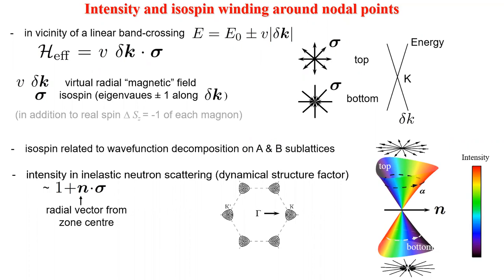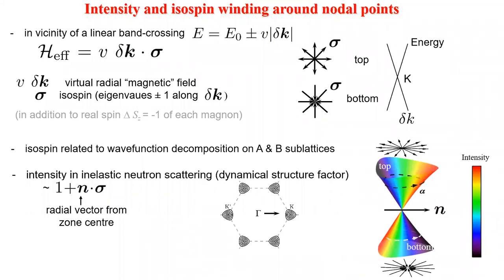And this isospin can be directly manifested in the dynamical structure factor, because one can show that it is proportional to the projection of the radial wave vector away from the zone center on the projection of the isospin on this radial.